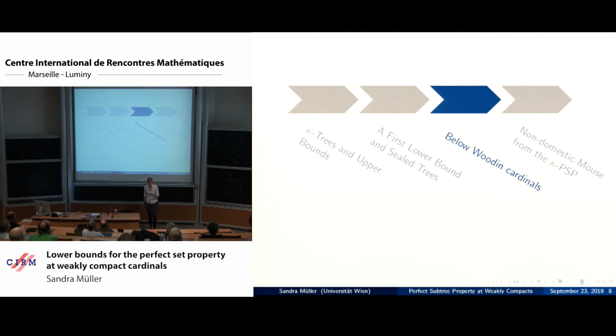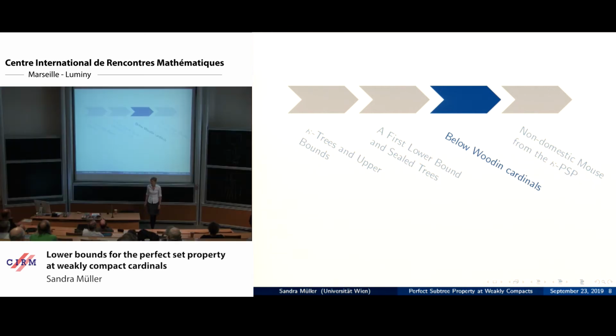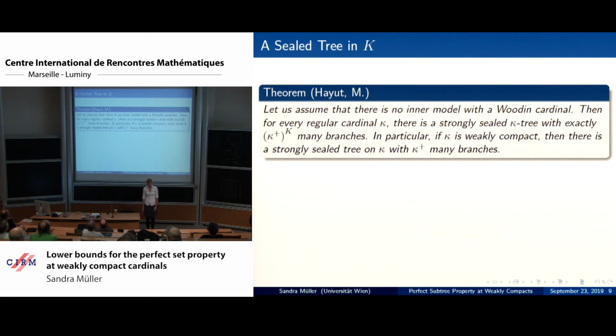Okay, so this brings us to the actual construction. And if we are in the setting below a Woodin cardinal, we can actually construct such a tree. Let me first state the theorem. Suppose that there is no inner model with a Woodin cardinal.